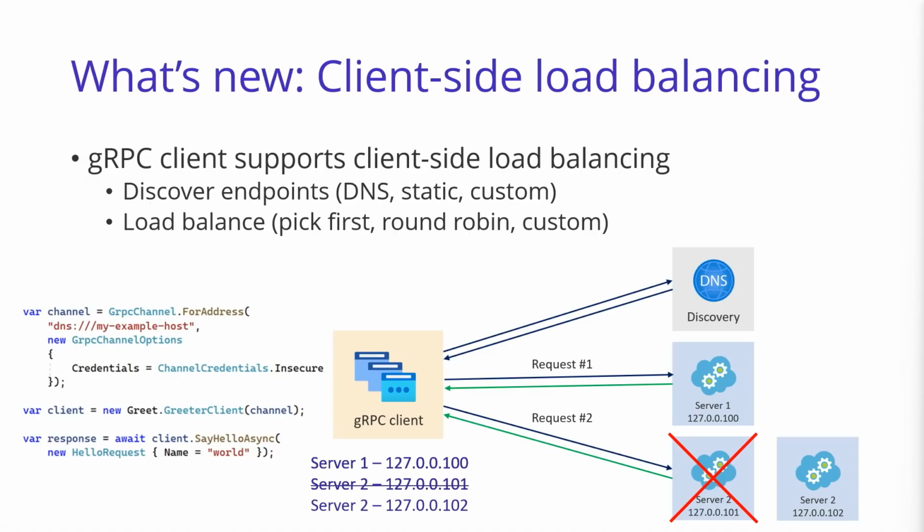Now, if this scenario that I'm describing sounds familiar, it's basically what happens in Kubernetes. In Kubernetes, you've got a service which has a DNS endpoint you can query to get all the IP addresses of pod instances. And then if a pod instance dies, it's recreated with a new address.